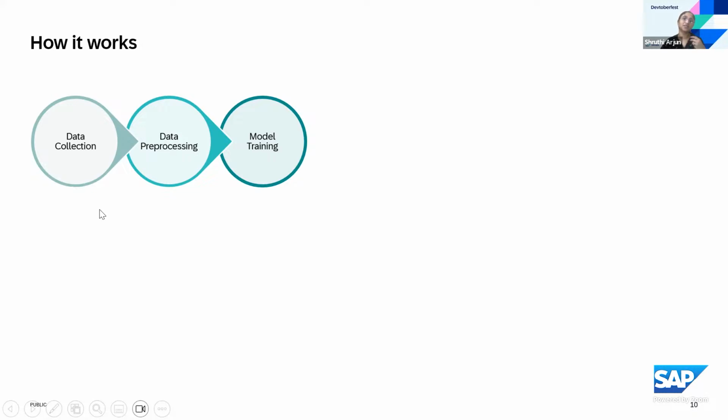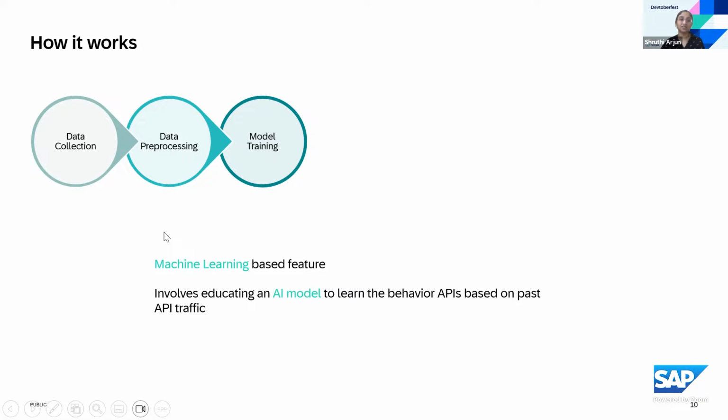There is some kind of data collection, which is primarily the API traffic data that we are collecting continuously in order to train an AI model after some pre-processing. And this will help the model learn the behavior of the API traffic, right?